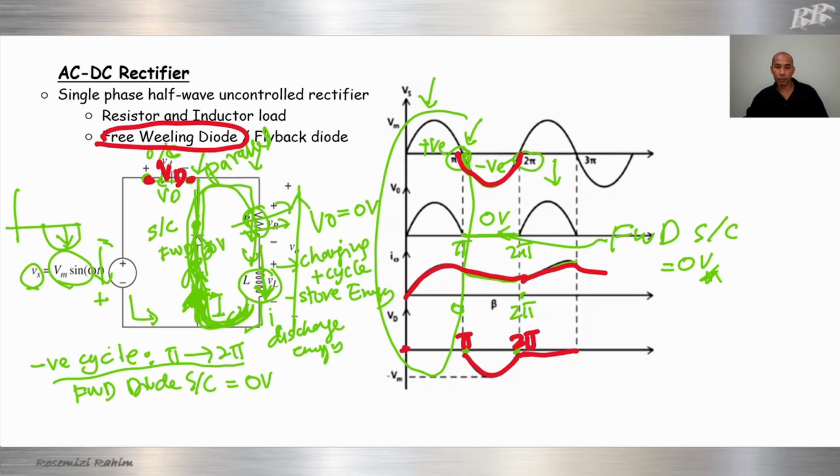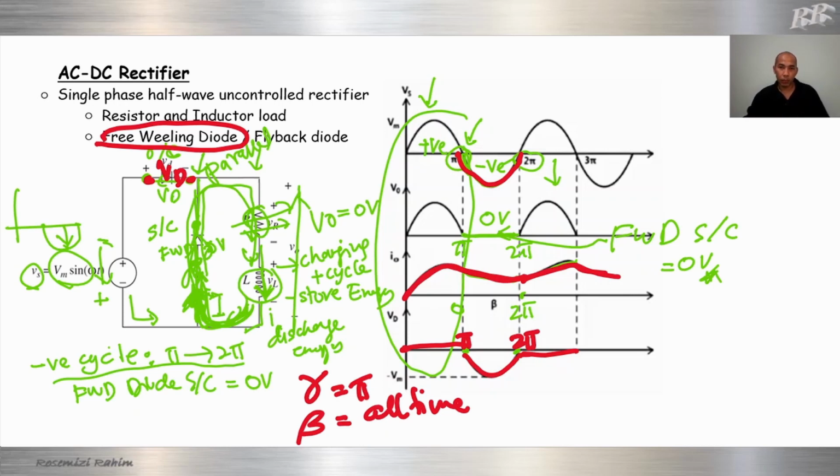The conduction angle is continuous, so that means the current will flow all the time, continuously.